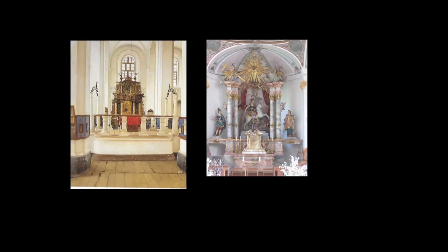And for comparison, this is a church I know very well, because it was the local church where I lived on the outskirts of Munich in the 1970s. This is the church of St. George in Bogenhausen. And you can see that of course, the synagogue doesn't have figurative statues, but otherwise, stylistically, it's really very similar to the Christian church.